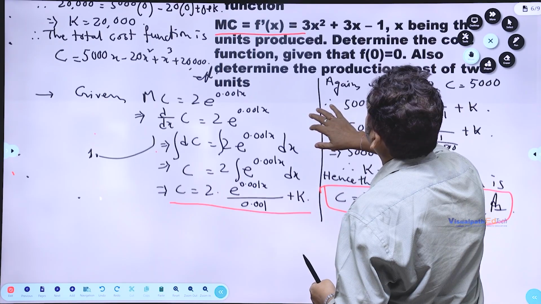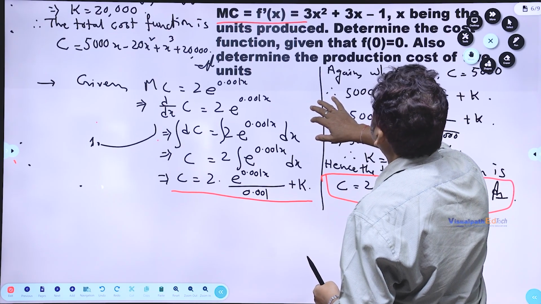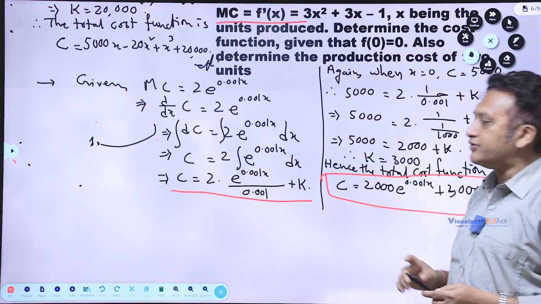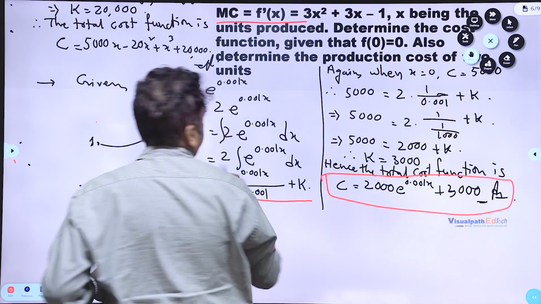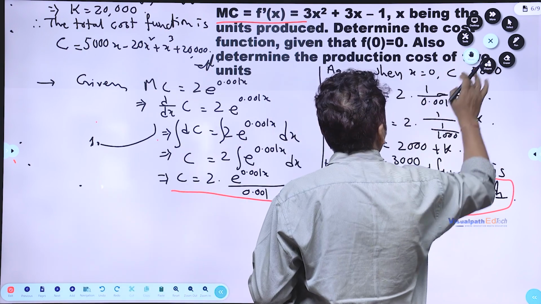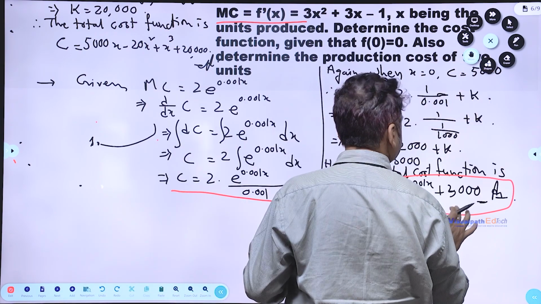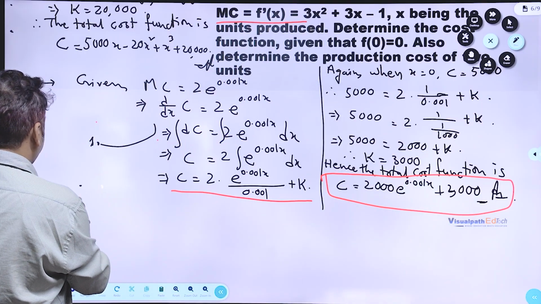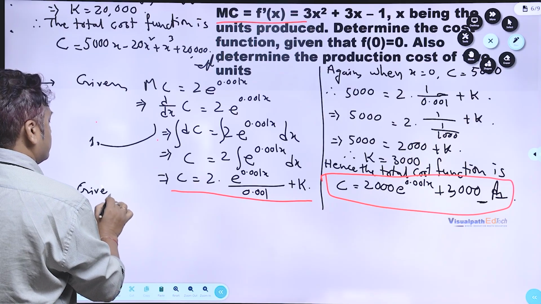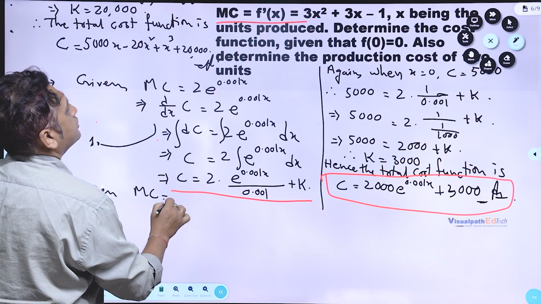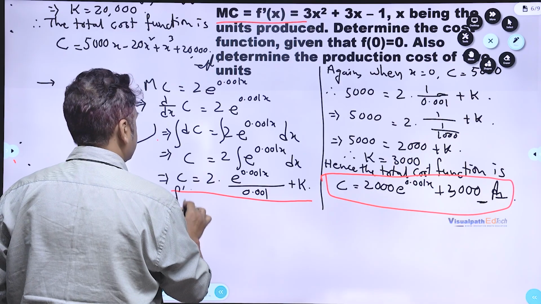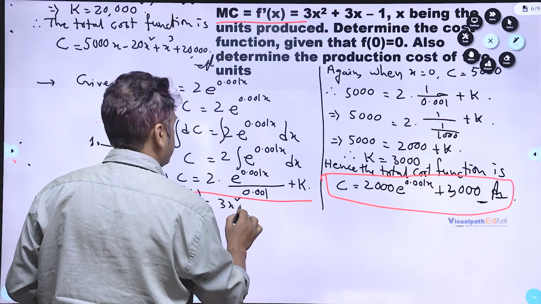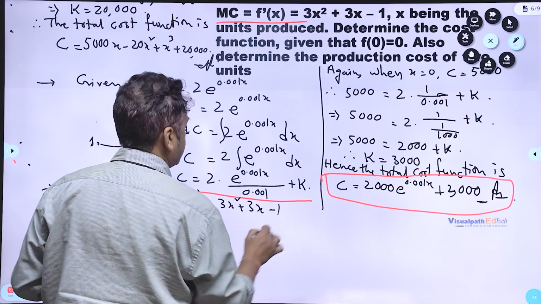Okay. So if I move it and keep it here, marginal cost is given. We are asked to determine the cost function. We are given that f of 0 is equal to 0. So we have for the third sum given MC is equal to f dash x is equal to 3x square plus 3x minus 1.